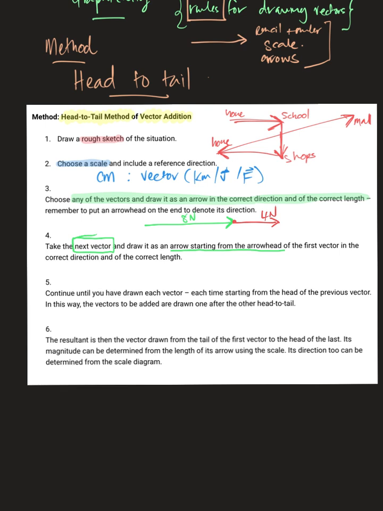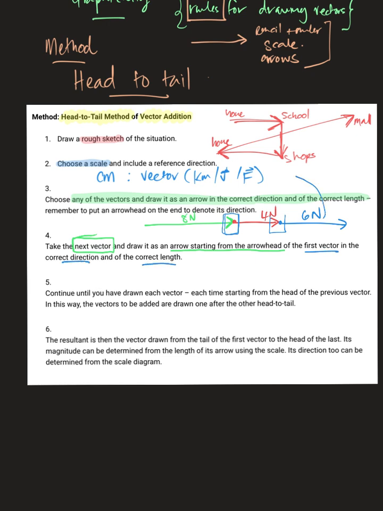Then I take the next vector and put it at the head here and make that, let's say, 6 newtons. So can you see why it is called a head to tail?